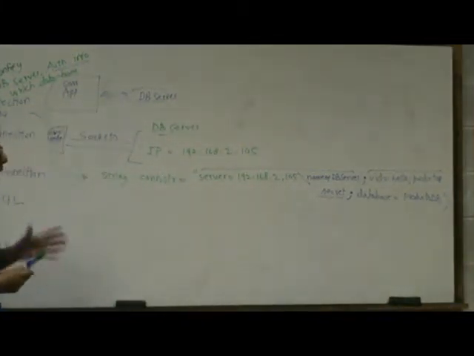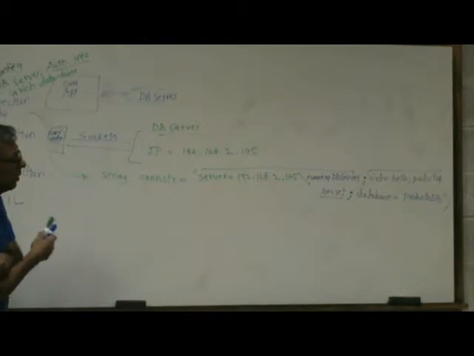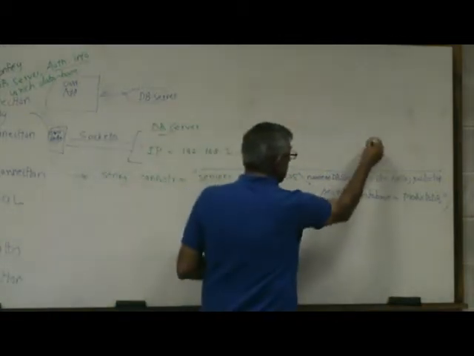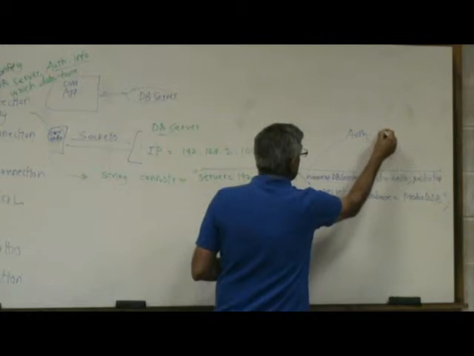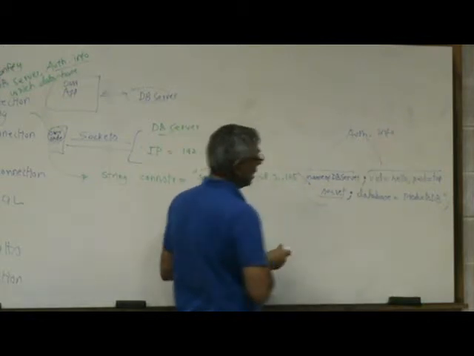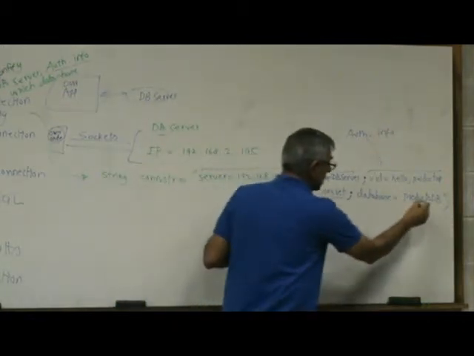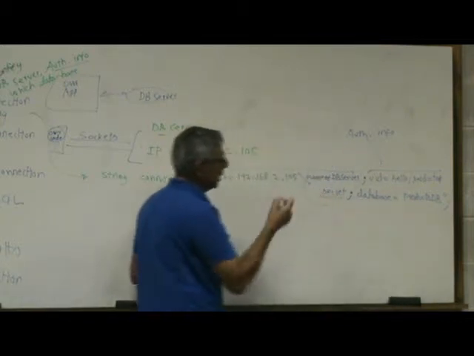And again, once I go to the computer, I'll show you how exactly you know which database server, right? Then there's the authentication information to identify ourselves to the database server. And this is the name of the database we are interested in communicating with, right? So that's the connection string.